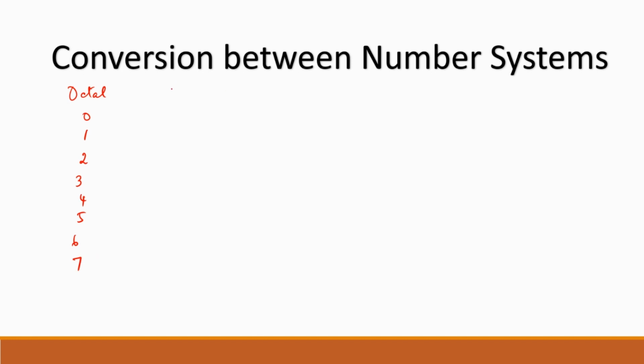Now what is the binary representation of these numbers? We are going to represent each octal number as a 3-bit binary number. That's how it works, because 2 to the power 3 is going to be 8. We need to represent 8 numbers starting from 0 to 7. So how many bits of binary do we need to represent 8 numbers?